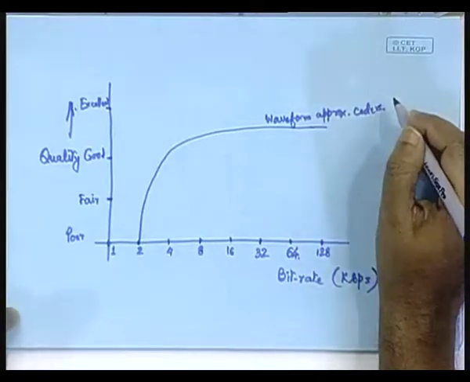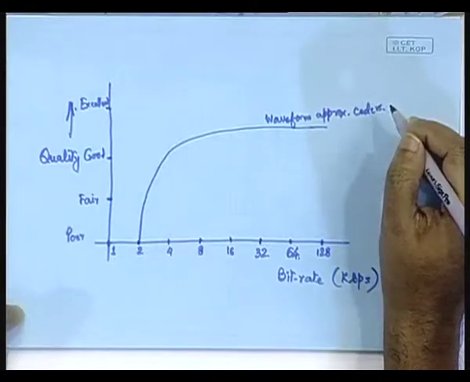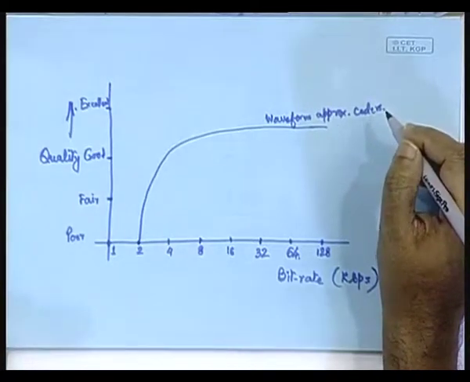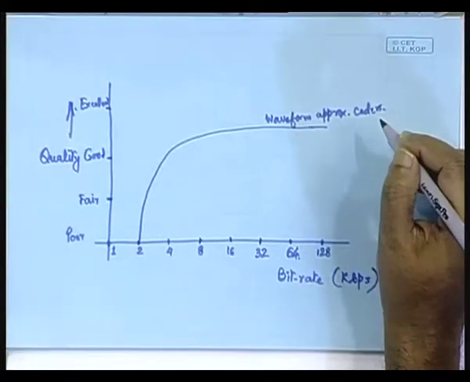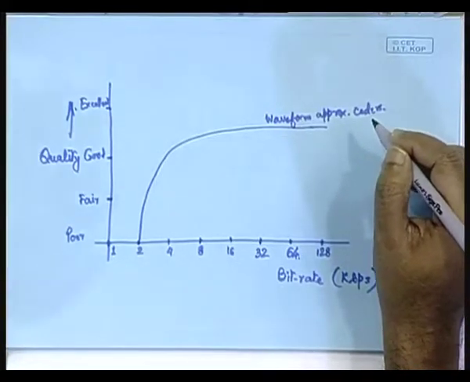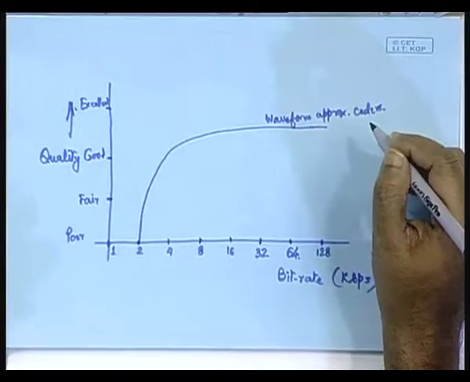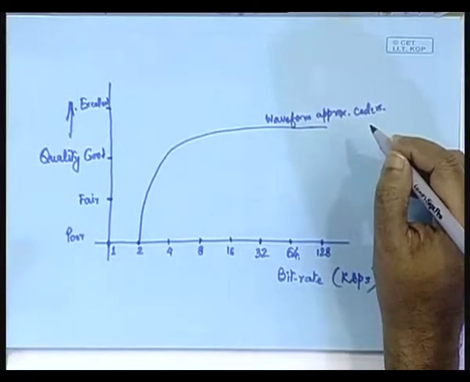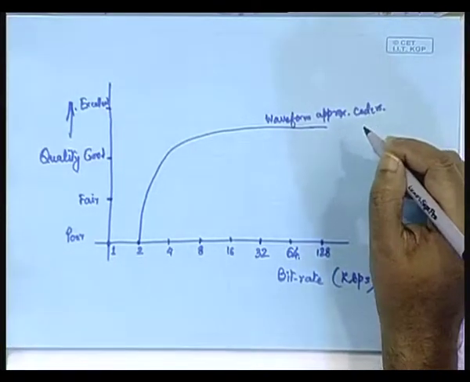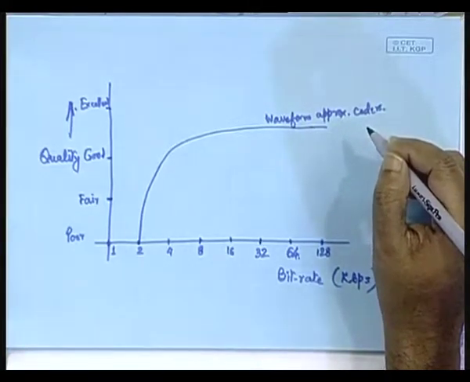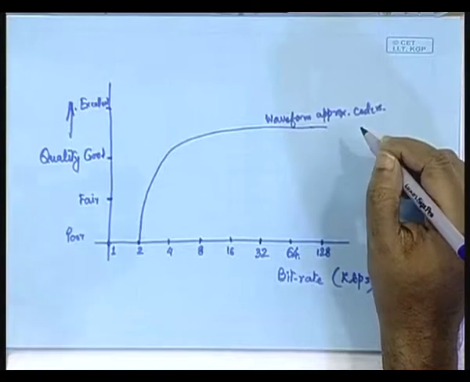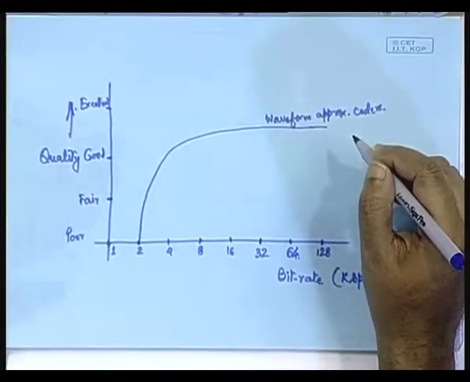And then for the parametric coders, the one that I described a little while back, you are not exactly using things like a quantizer, so there is no waveform approximation that you are trying out.